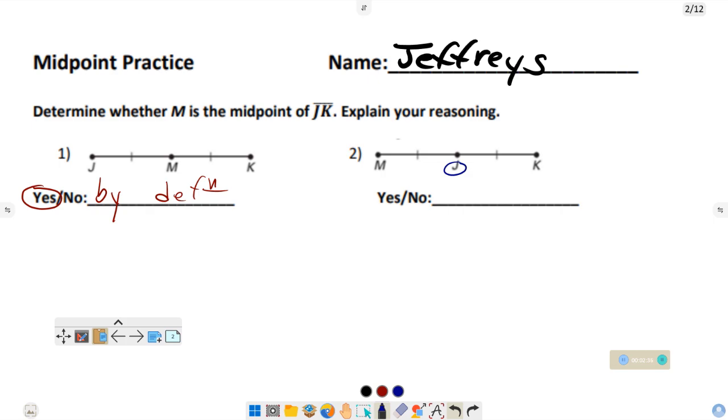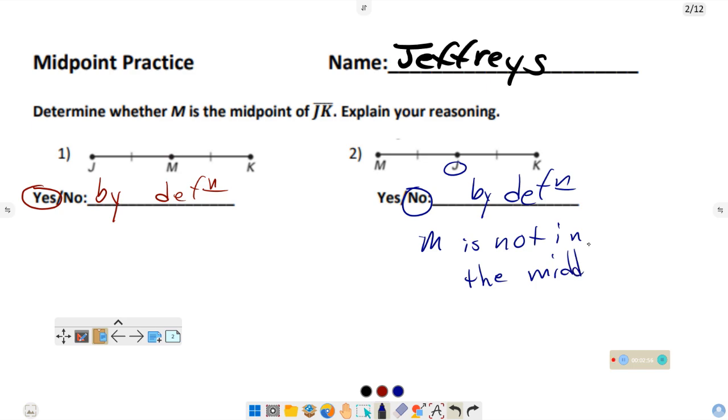Some of y'all are like, oh, now I get it. Okay. All right, now, you could also say, by definition, obvious thing, M is not in the middle. Okay?